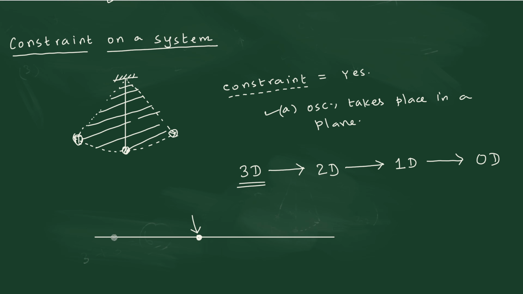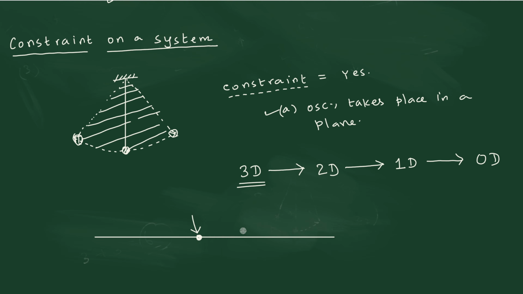If I restrict in such a way that this particular particle should not move anywhere, then this is an example of a zero-dimensional problem. That means you don't require anything to specify its dynamics because it is going to stay there. That's all. Only time will change. This particle cannot change. So you don't require anything further. So the problem has become very simple, and you don't require Newton's law at all. You can see now that the problem has become simple.